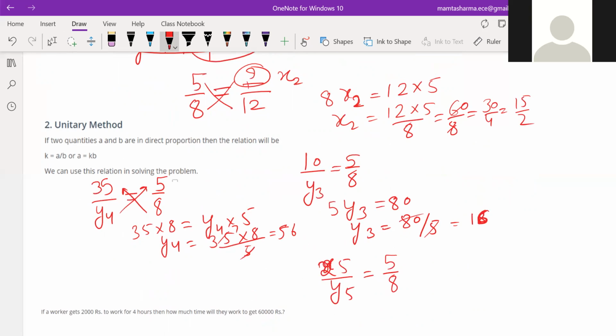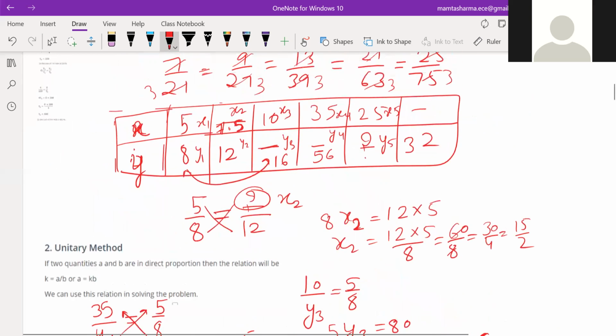Now find out Y5. Again cross multiply. 25 into 8 is equal to Y5 into 5. So Y5 will be 25 into 8 divided by 5. This 5 will be divided: 5 ones are 5, 8 fives are 40. So this Y5 will be 40.